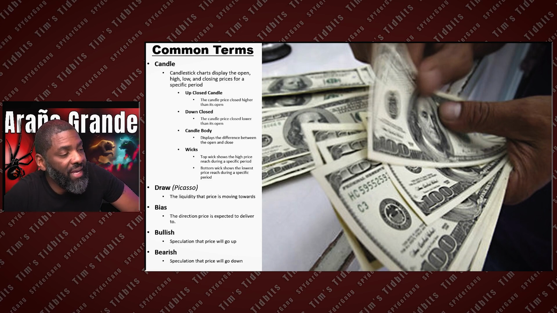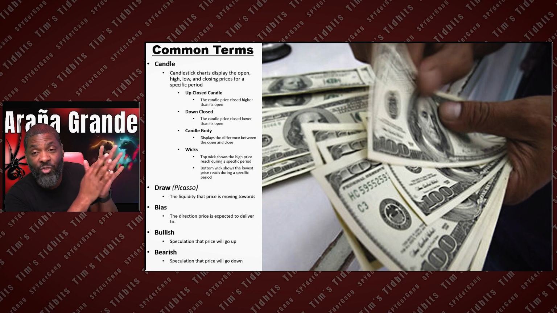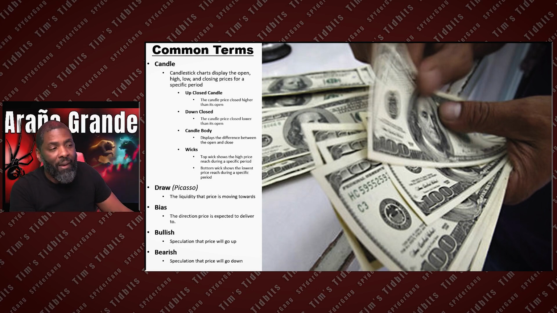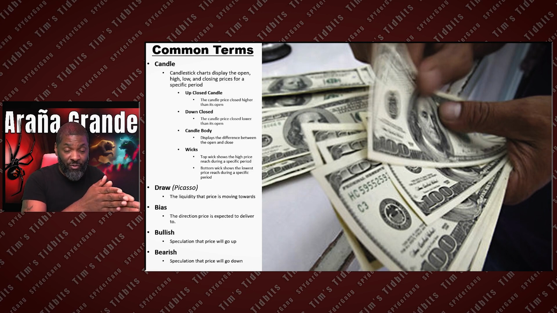The draw, aka Picasso. Draw is the liquidity that the price is moving toward. That's where price is trying to get to. That's the draw. It's drawing price towards it. Bias. Bias is the direction price is expected to deliver to. You're expecting price to deliver in this direction.